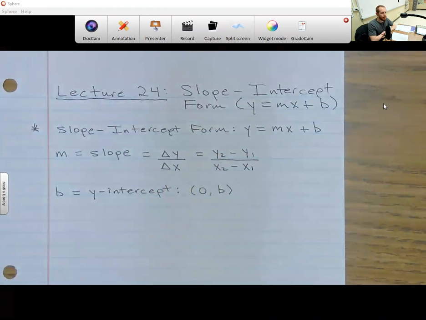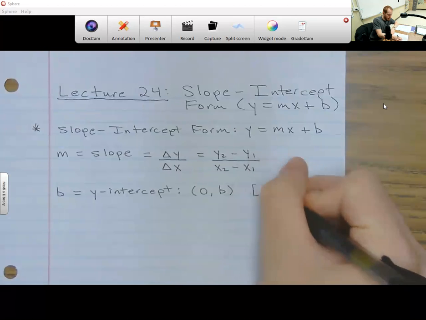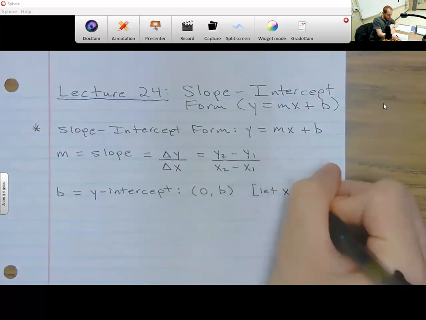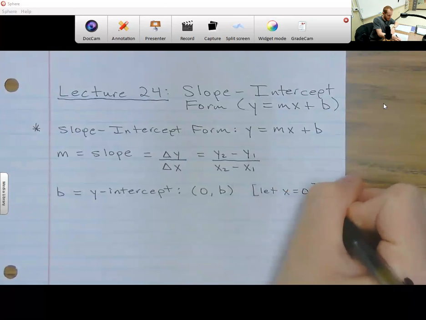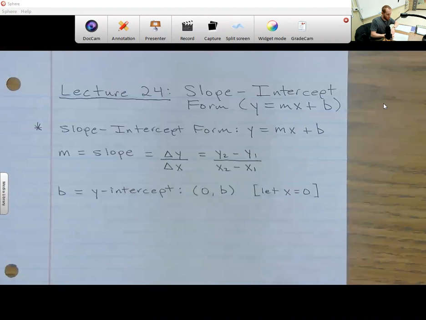If you wanted to find an x-intercept, you would let y be 0 and go from there. But if you wanted to find the y-intercept, you would let x equal 0 and go from there. So that's why you're always going to have a 0 for the first coordinate. That's for the x. And whatever the y-intercept is, that's going to be what b stands for.